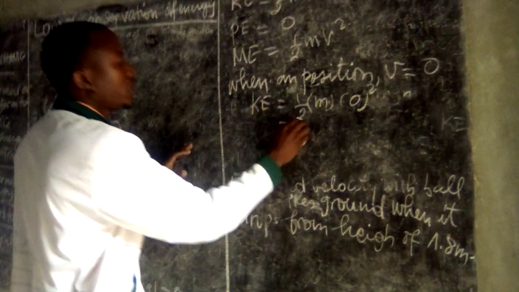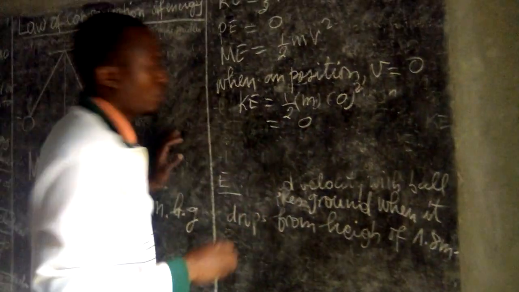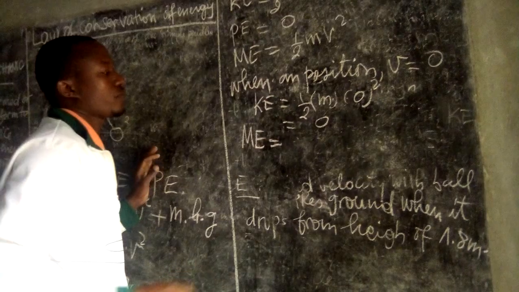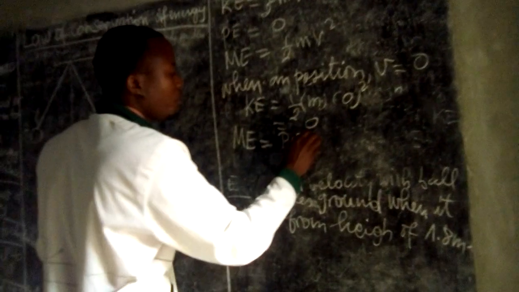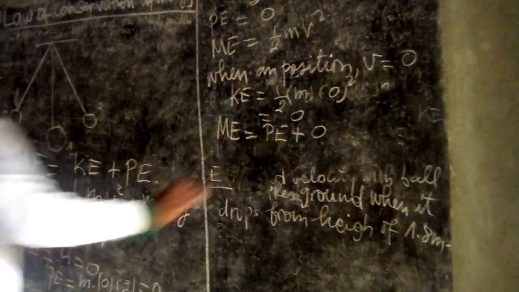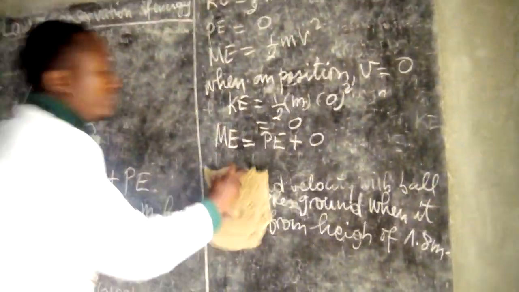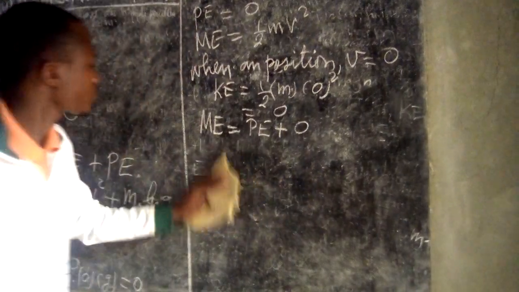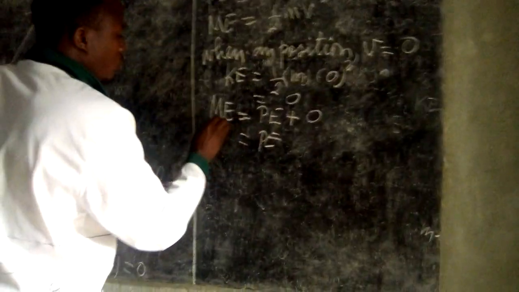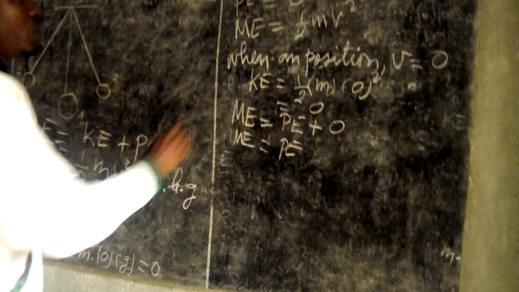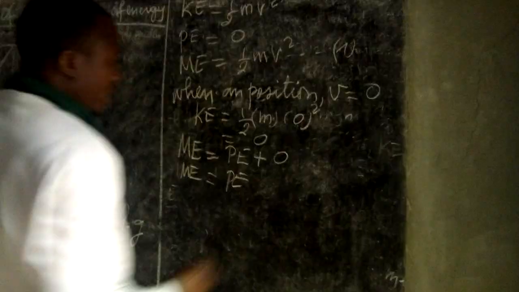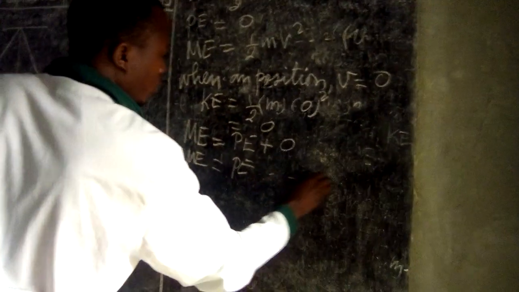So kinetic energy equals 0. It means that mechanical energy equals potential energy plus 0 kinetic energy, so mechanical energy equals potential energy. Let this equation be number 1 and this equation be number 2.